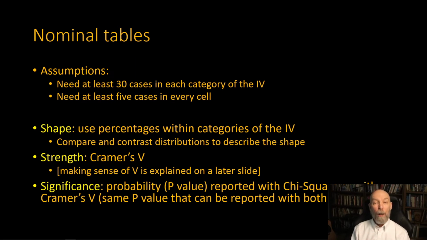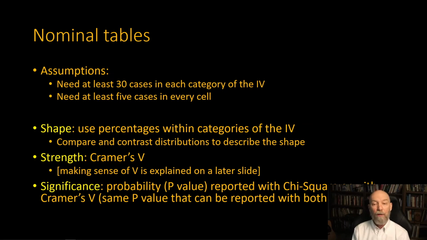So nominal tables, there is an assumption that you will have at least 30 cases in each category of the independent variable. And you will need at least 5 cases in every cell. It's called the continuity assumption, and it has to do with something mathematical that if you want to learn more, you can learn more. But at this point, to just choose the tool, you simply look inside the cross-tabulation of the frequencies, when we look at a table in a moment as an example, and we say, do we have at least 5 cases in every cell?